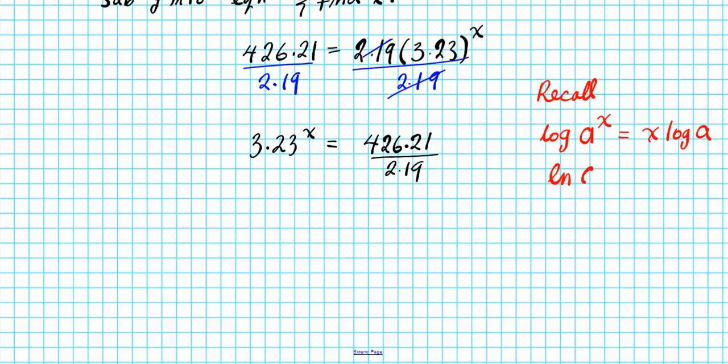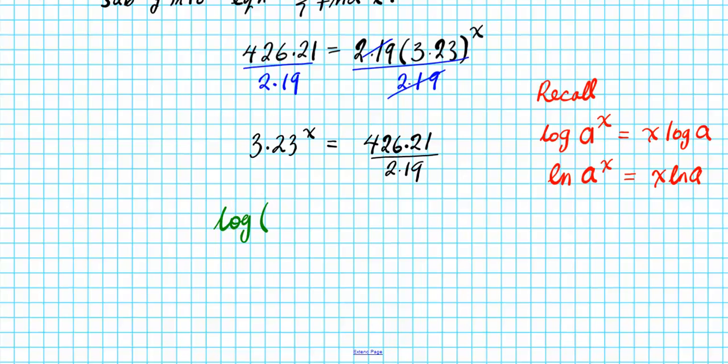You will get exactly the same answer. So the natural logarithm, namely log base e of a to the x, is x ln a. So in order to apply this property of logarithm to power down x, we're going to take the logarithm of both sides of the equation.